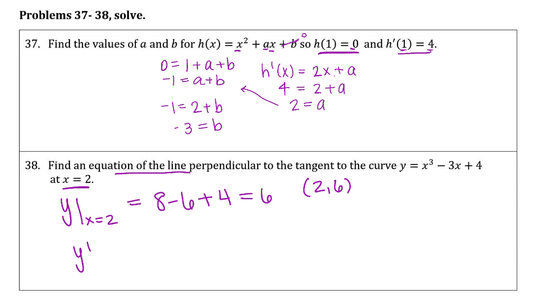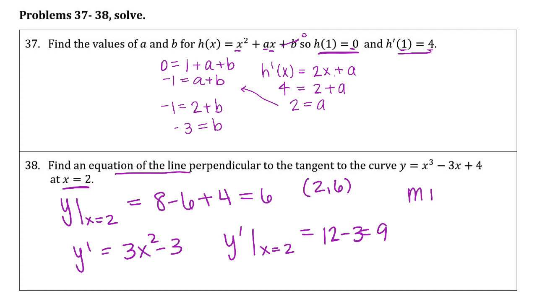Now we need y prime. y prime is going to be 3x squared minus 3. So y prime evaluated at x equals 2 is going to generate the slope of the tangent line. So that's going to be 3 times 4, which is 12. 12 minus 3 is 9. But if we want the line perpendicular, then I need the negative reciprocal.